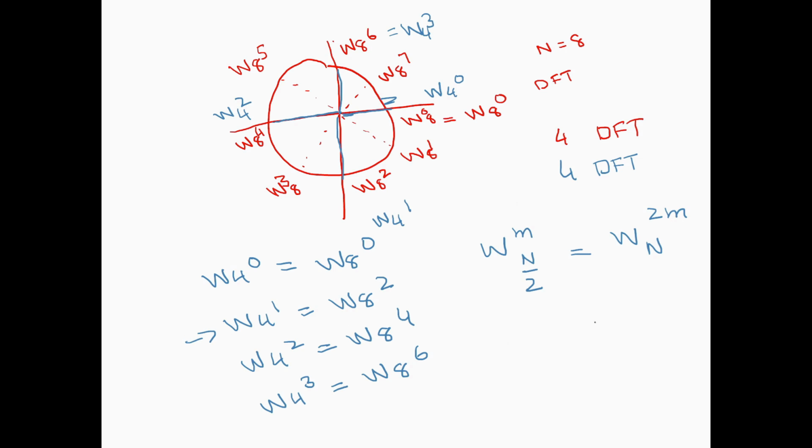W of n to m would mean W of 8 2. That would mean n is equal to 8 and 2m is equal to 2. That would mean our m is equal to 1, whereas n by 2 would be equal to 4. So what we can write over here would be W of 4 raised to power 1.